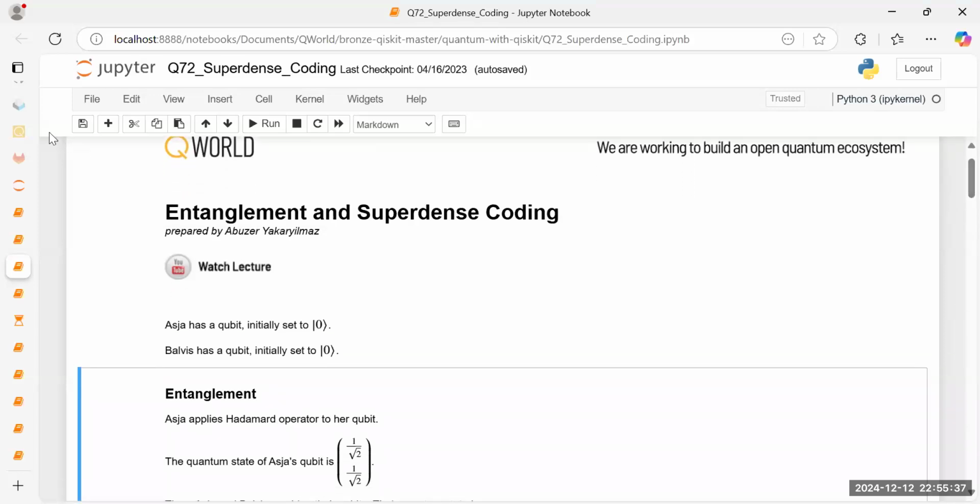Okay, so I've actually said it several times, but this is a question for the chat. So let's say Asha wanted to send the classical bits 1, 1. Which gates will she apply to her qubit before sending it to Balvis?